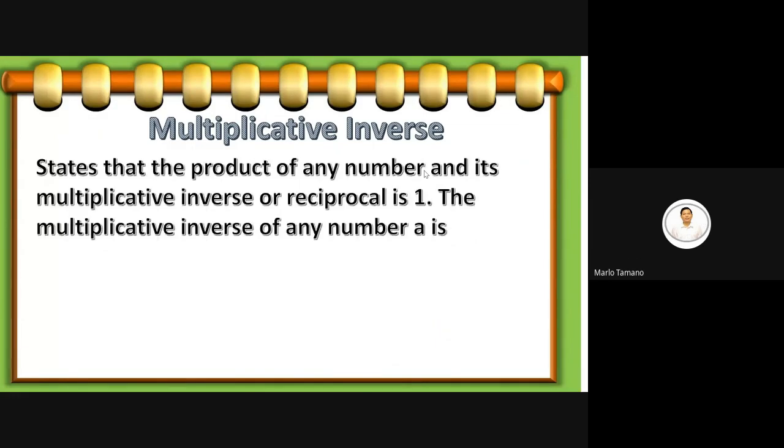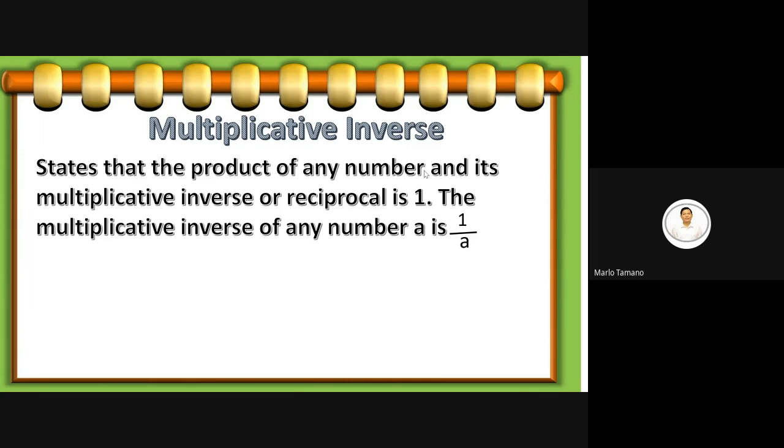Okay? Next, we have here the multiplicative inverse. It states that the product of any number and its multiplicative inverse or reciprocal is 1. The multiplicative inverse of any number A is 1 over A. And that is the reciprocal.